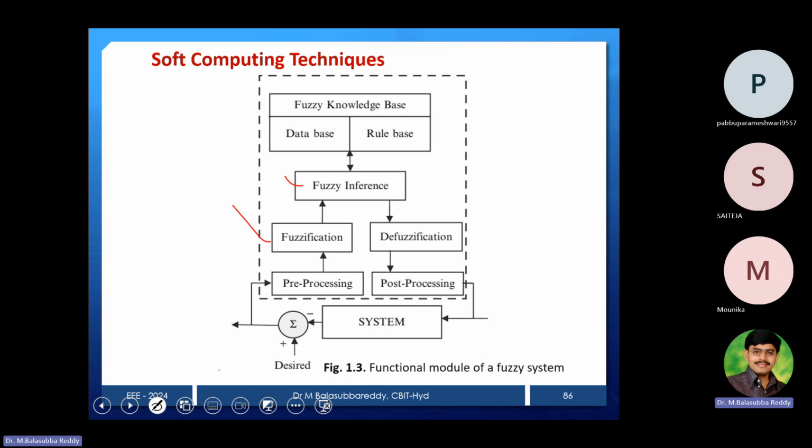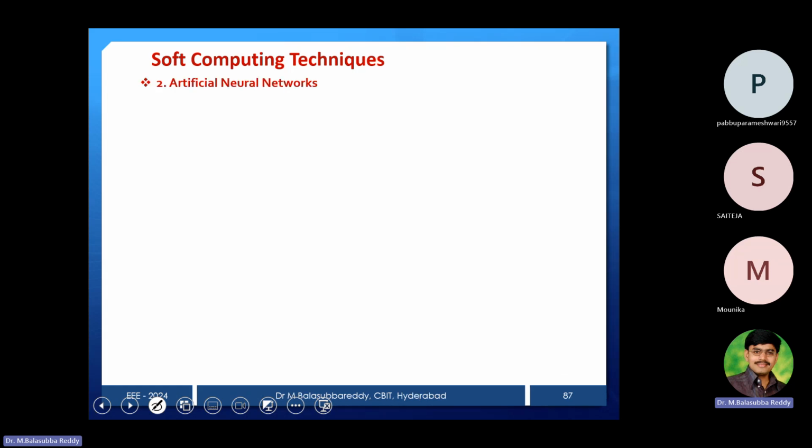Depending on the application, you can use different kinds of membership functions, based on the literature, and the process takes place. Then after the membership rule base, it has to pass through the defuzzification, then go to post-processing and be given to the system. So like this, the process happens in a fuzzy system.